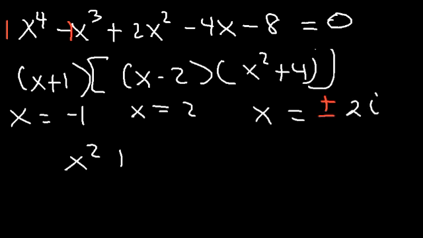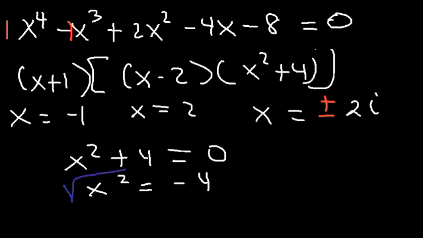If you set x squared plus 4 equal to 0, move the 4 to the other side, then take the square root of both sides. The square root of 4 is 2, and the square root of negative 1 is i, so you get plus or minus 2i. So there's 4 solutions, 2 of which are imaginary, and the other 2 are real solutions.